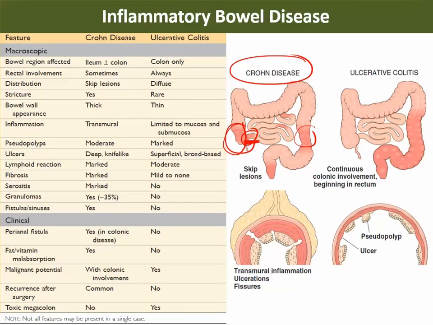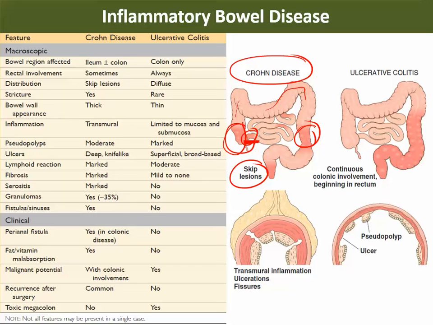It will have some normal area. These are the normal areas, this is the affected area. So it is called skip lesions. There will be an affected area followed by a huge area of normal colon or intestine, then again an affected area. That's why it is difficult to identify the affected area in Crohn's disease.